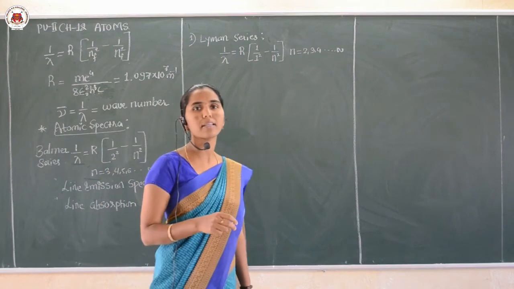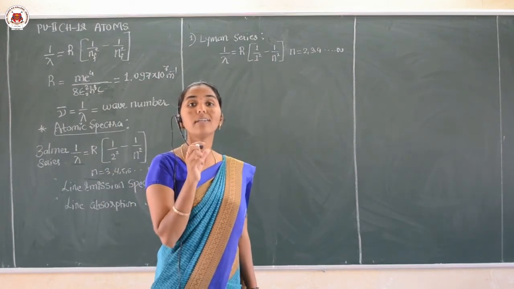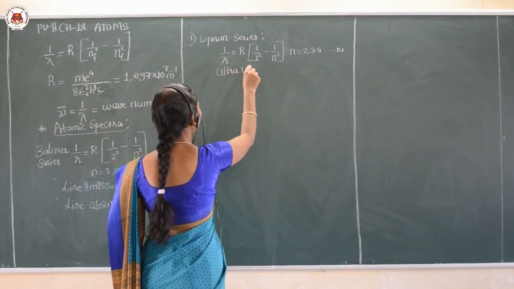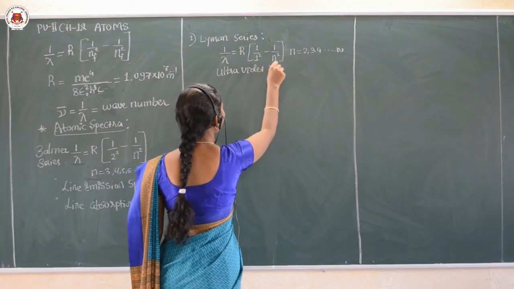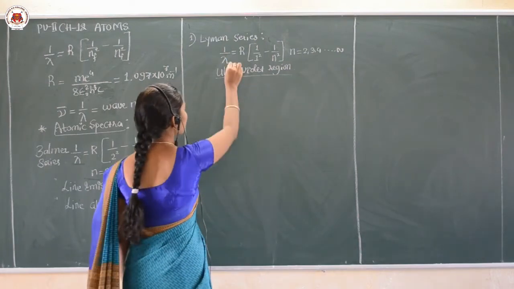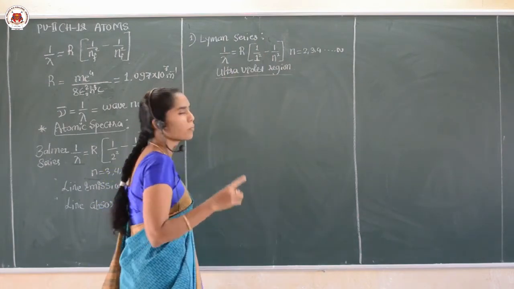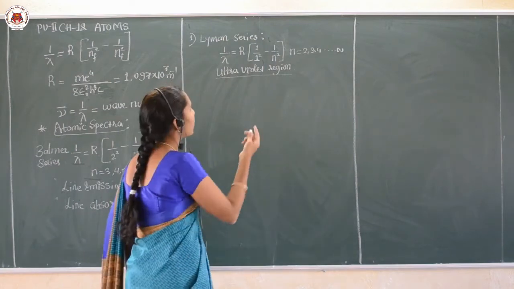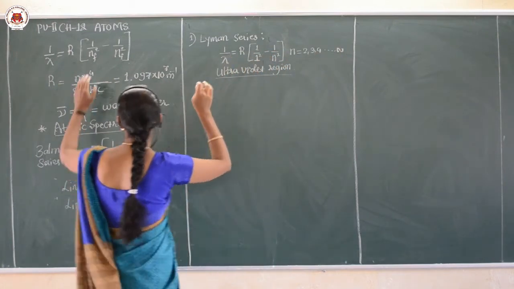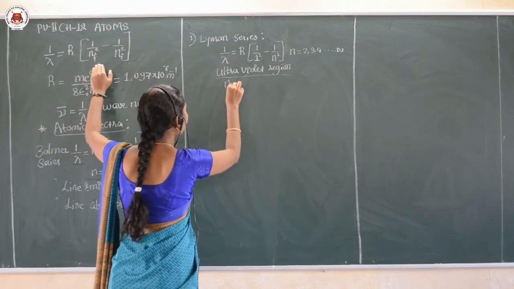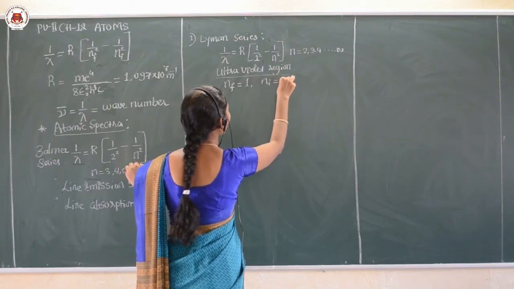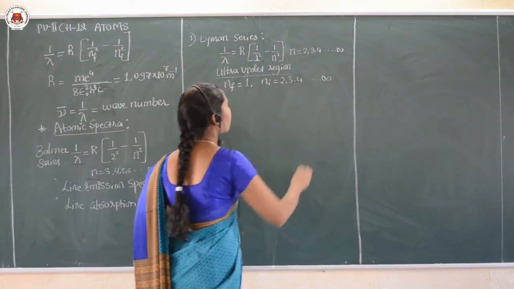And this Lyman series was observed in the ultraviolet region of the electromagnetic spectrum. Remember that. Am I clear? So in the Lyman series, which one will be the first orbit? Orbit number 1, and for the remaining n we can substitute 2, 3, 4 like that. Or else if you want to use this formula, in the Lyman series n_f will be 1 and n_i can be taken as 2, 3, 4 up to infinity.